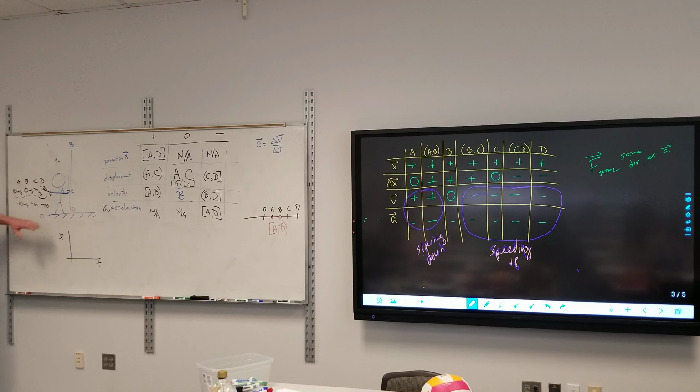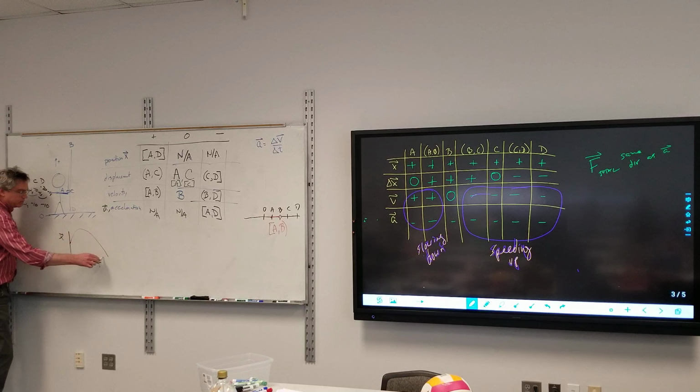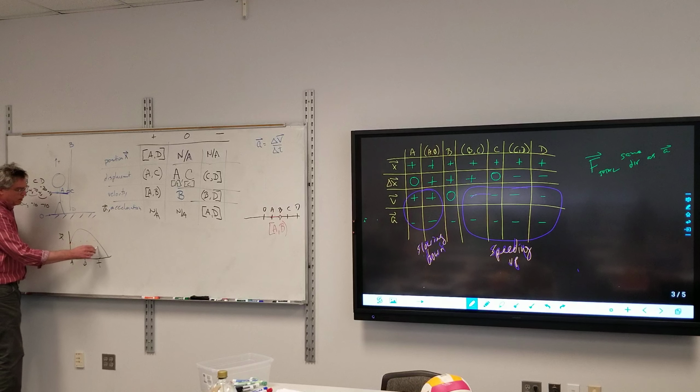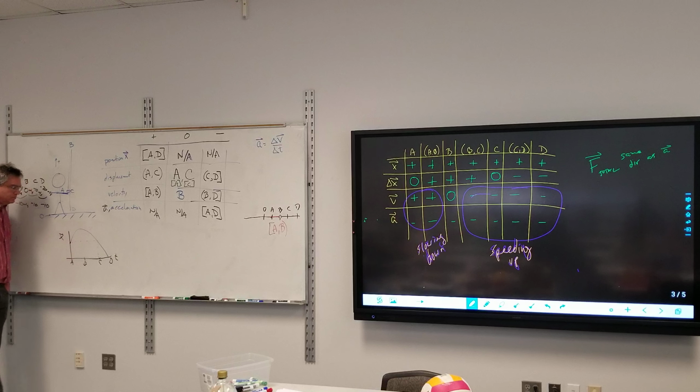My position is 0 at the ground. So it starts off the ground, so my position starts here. It goes up, it peaks, and then it comes back down. So if I did position versus time, that's sort of what the graph will look like. This is time A, time B, time C, and time D. And that's my time axis.